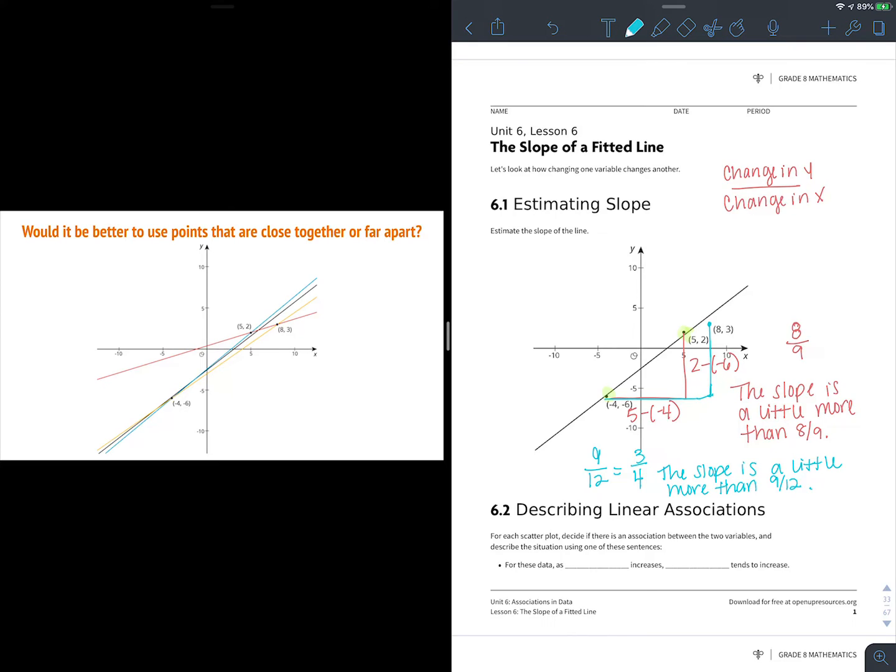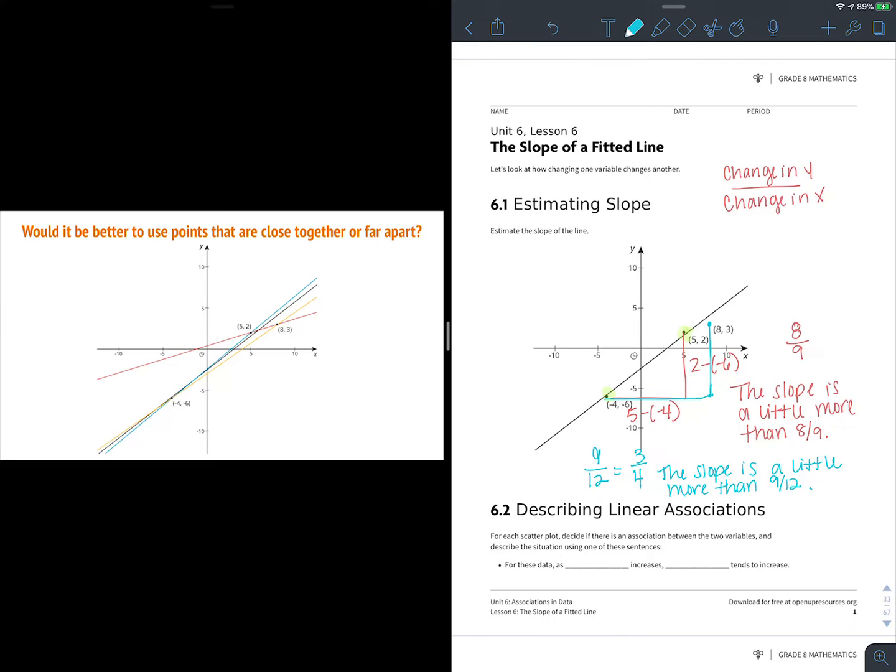The yellow line represents the 8, 3 and the -4, -6, and the blue line represents the 5, 2 and the -4, -6. Which of those lines do you think looks closest to the black line, which was the given line? And it almost looks to be like that blue line is closest to it. Some might argue it's the yellow.